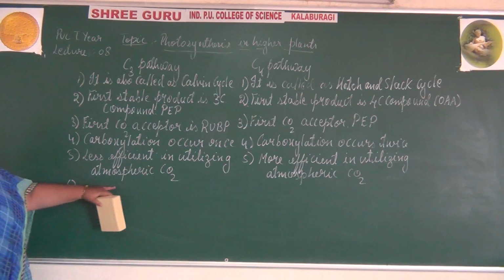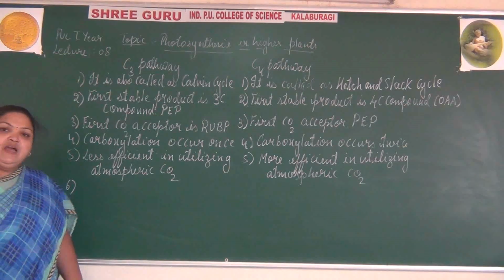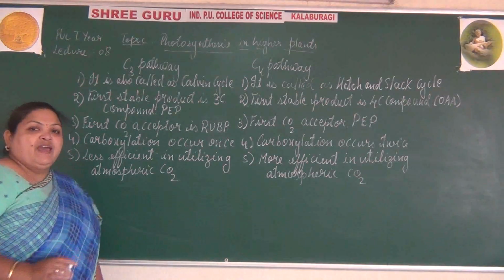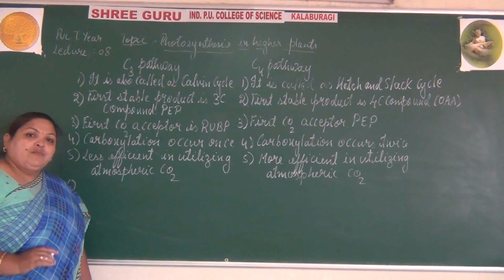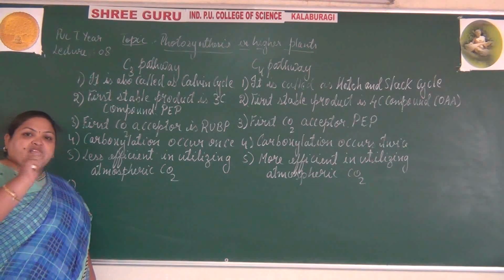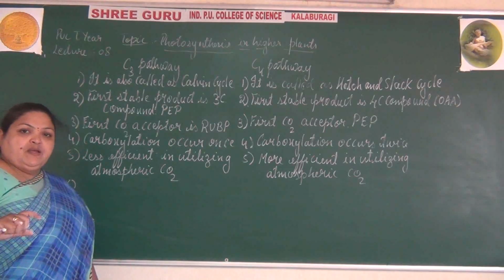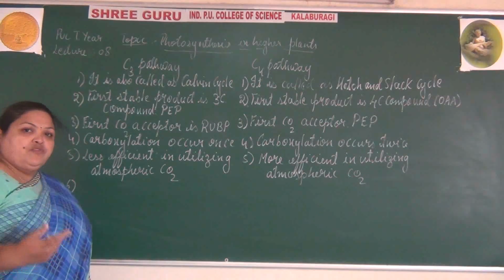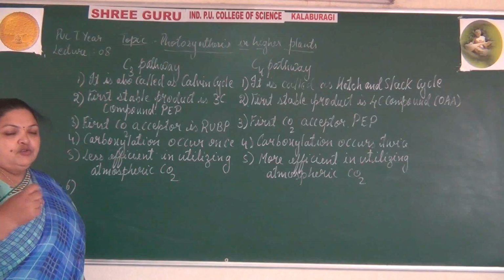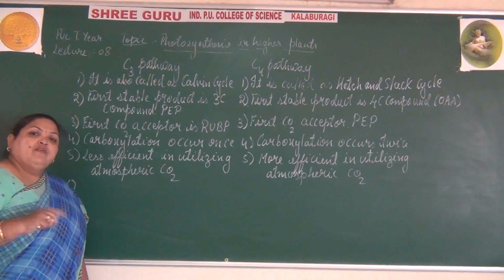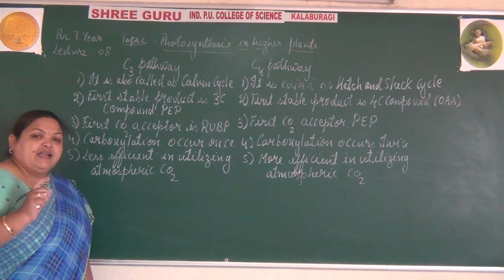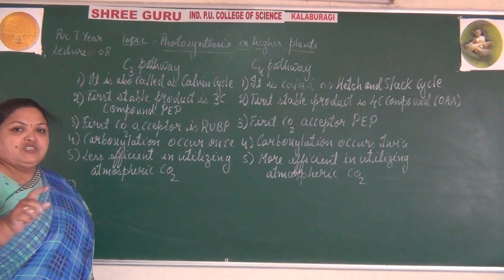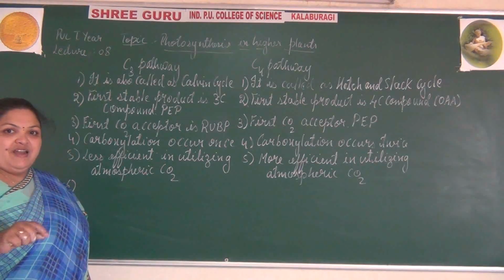This process occurs in all the C3 plants where they have the normal leaf anatomy. Normal leaf anatomy means what? There is upper epidermis, lower epidermis, and a mesophyll tissue. Usually the dicots have palisade cells and spongy cells, where the palisade cells are tightly arranged and the spongy cells are loosely arranged.